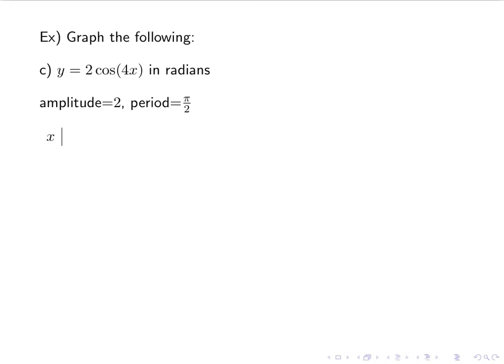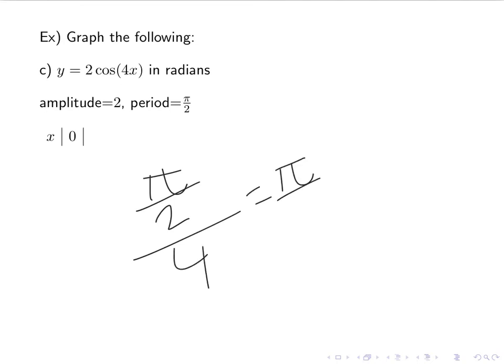So if I start filling in my table, again, the first value is always 0. And then we're going to take our period, divide it by 4. So remember, if I have a fraction and I'm dividing it by something, I want to multiply by the reciprocal. So I'm going to take my pi over 2, and I'm going to multiply by the reciprocal of 4, which is 1 over 4.